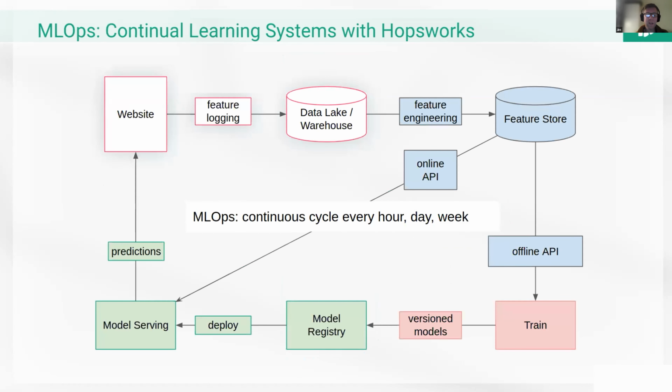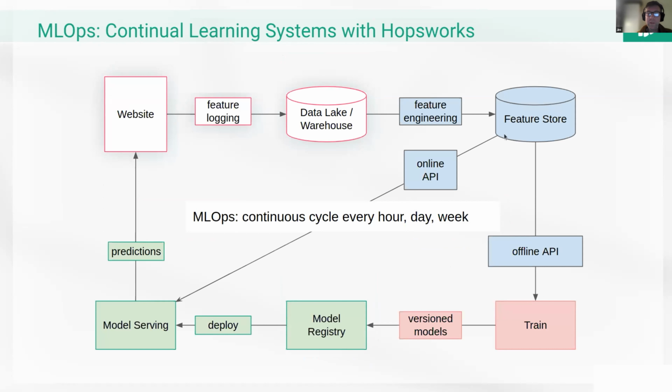So if you take a slightly bigger picture, a more practical system, well, I have a website. It has users. That website is going to log the predictions that are made. So those predictions get logged maybe to our platform, maybe to a data warehouse, or to Kafka, and then we're going to have to do maybe some feature engineering on them before we put them in the feature store.